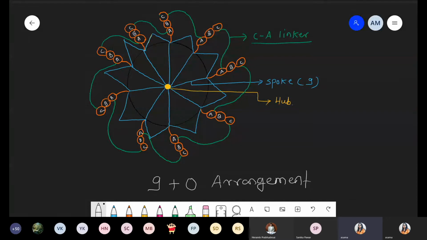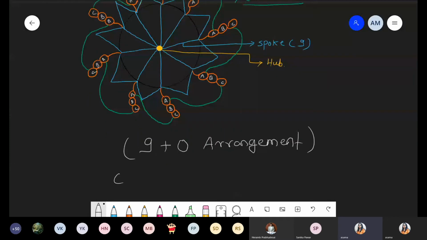That is a center. So such type of this arrangement, these are called as the 9+0 arrangement. And remember, such type of this arrangement, these are associated with this centriole. And centriole, these are without plasma membrane structure, entire structure made up of protein. So complete structure, these are made up of only protein.